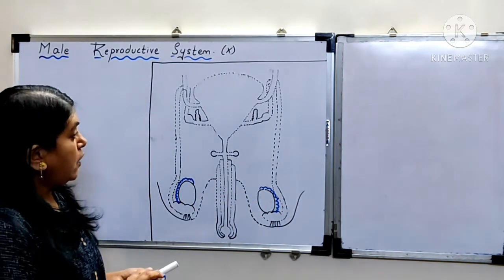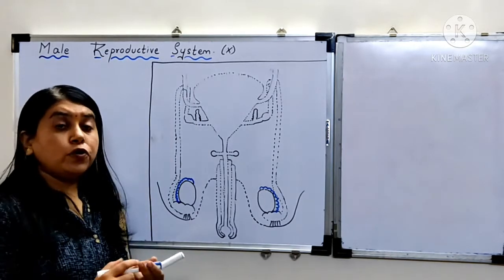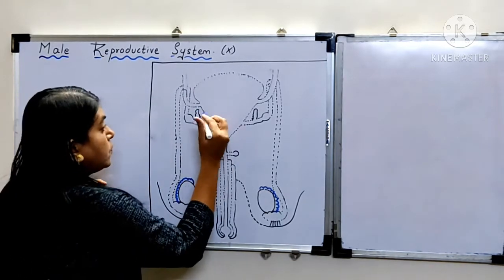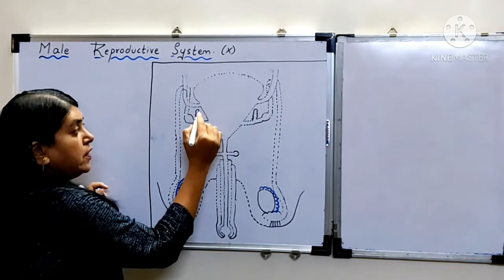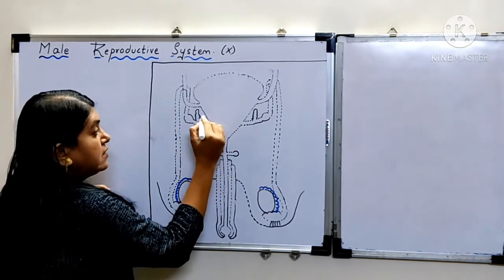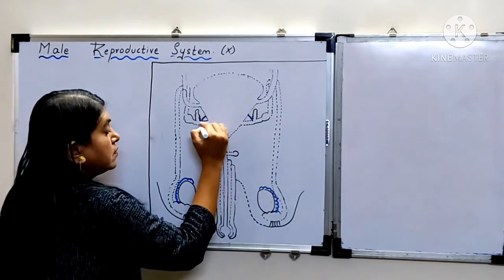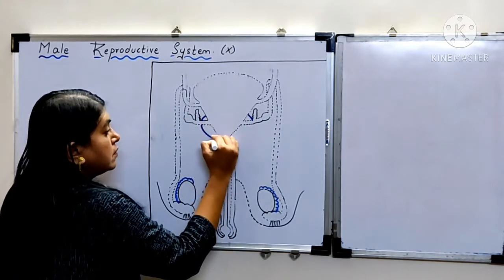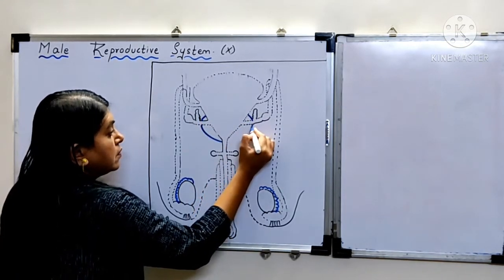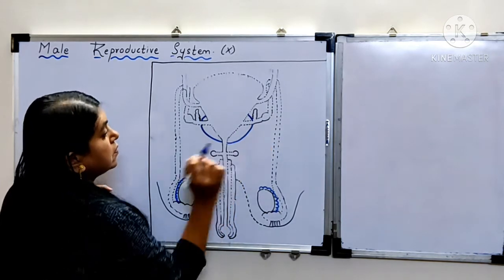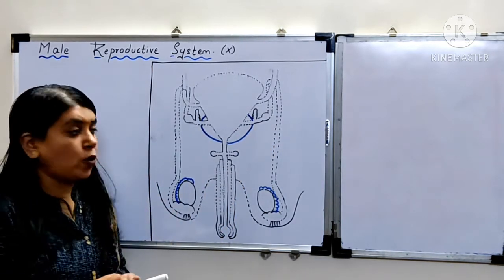Alright. Now one more structure we are going to draw over here. See, this way, in between the bladder and this line. Like this. This is a gland that you have to draw.